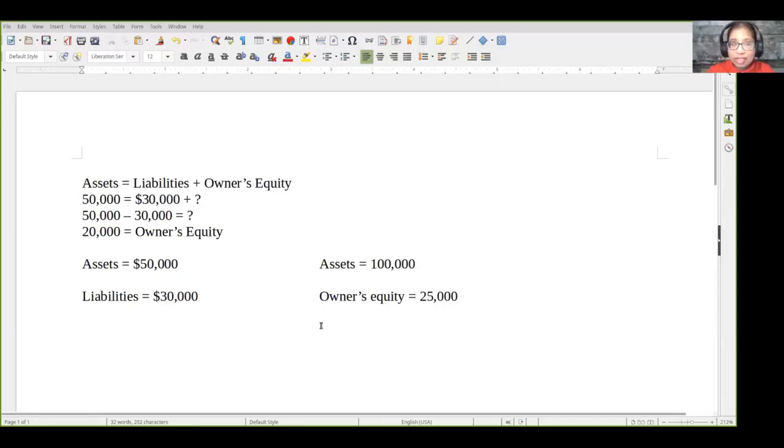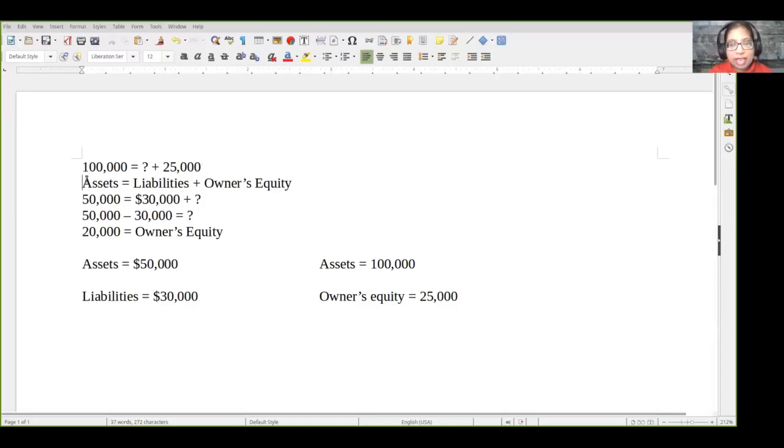Then it's simply the asset minus the owner's equity. So again, we have, let us put 100,000, right?